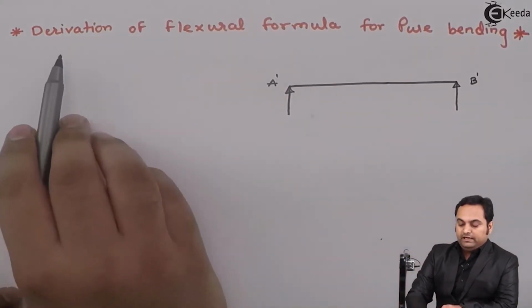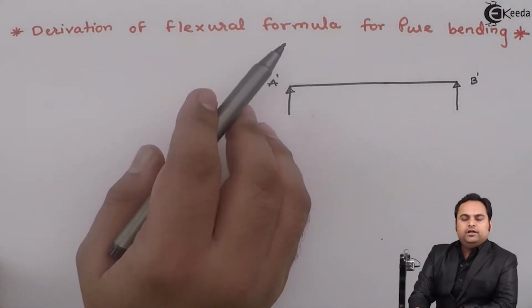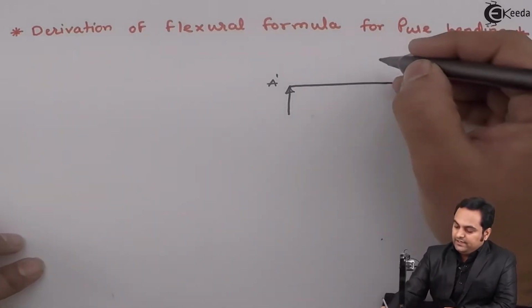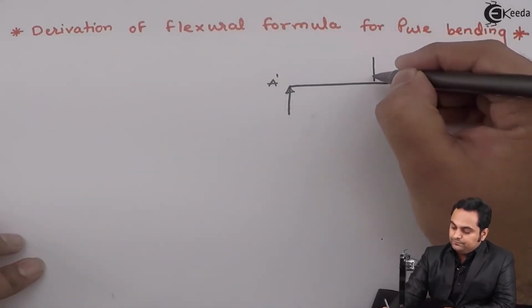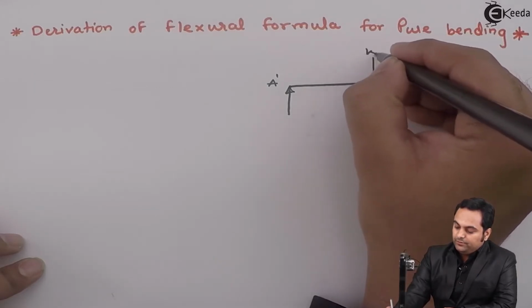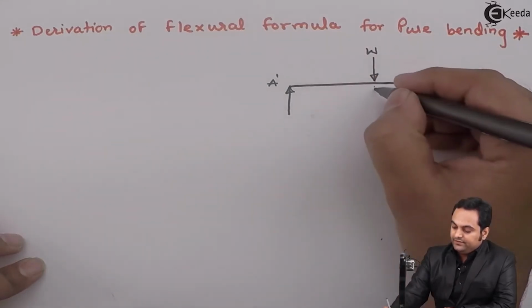Now when we are deriving the flexural formula, the bending formula, here I'll assume on this beam there is a point load W acting at the center.